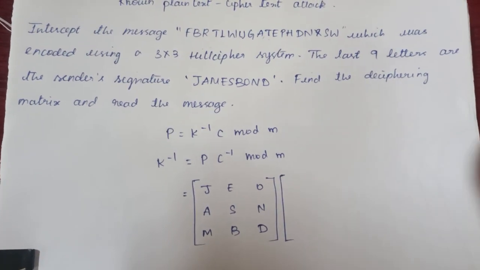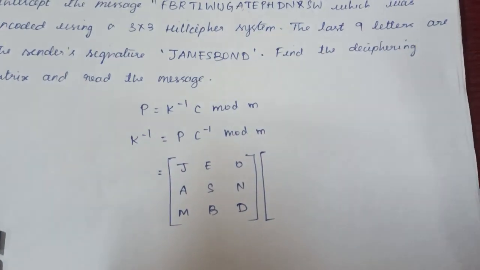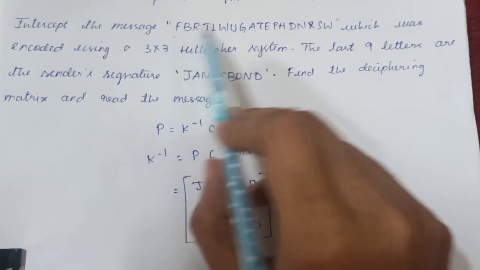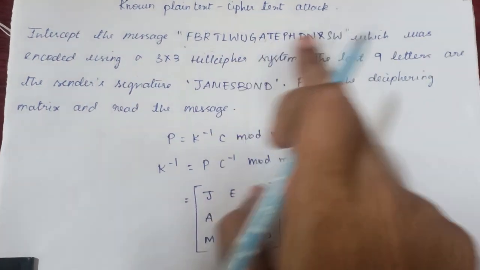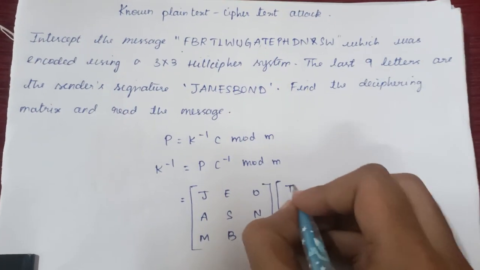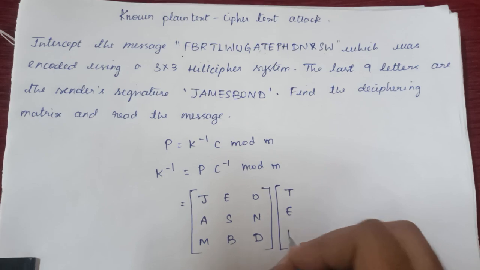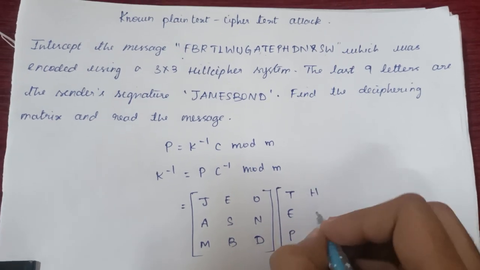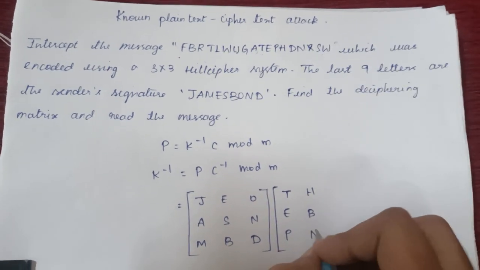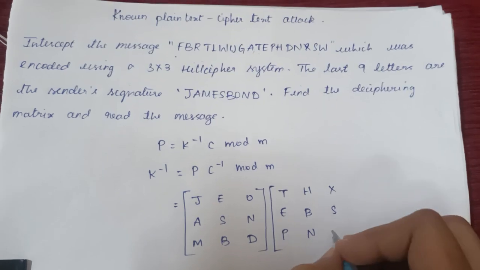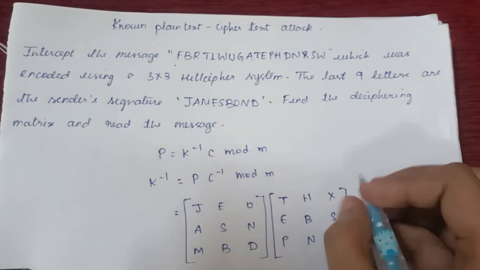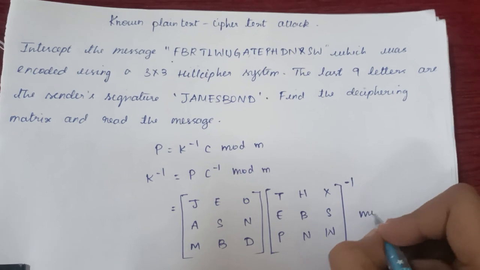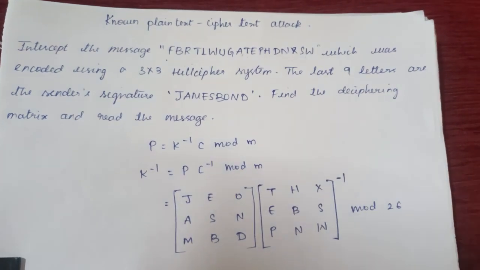The plain text which we are going to find is for the first letters, but the known ciphertext for this plain text is from T to W. So we will write T E P H D N X S W, and please make sure that you write the inverse here, and then mod 26.